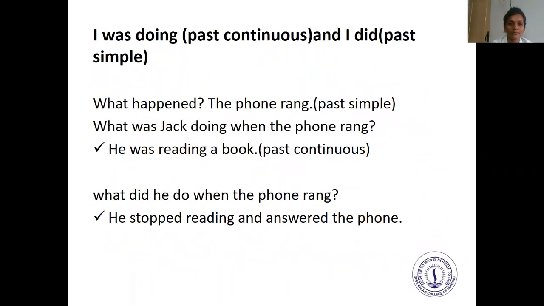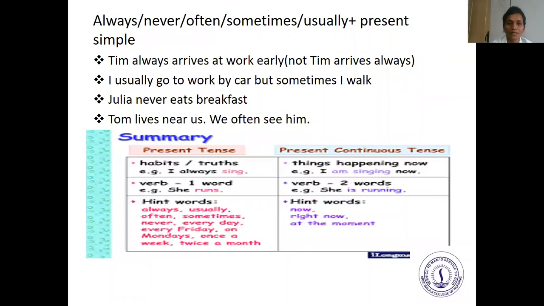And there are some hint words to be used for present tense and some hint words to be used in present continuous tense, like always, usually, often. I always sing. This is the hint word for expressing your habit in present tense.